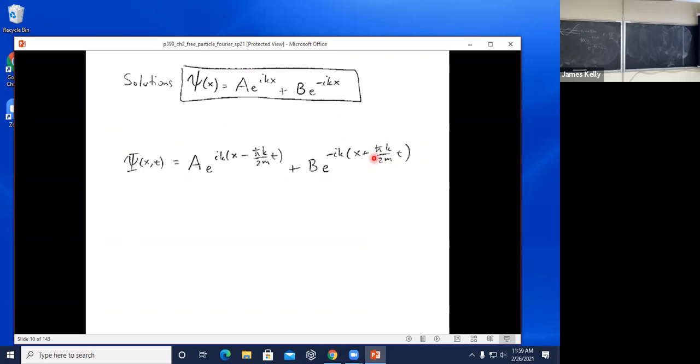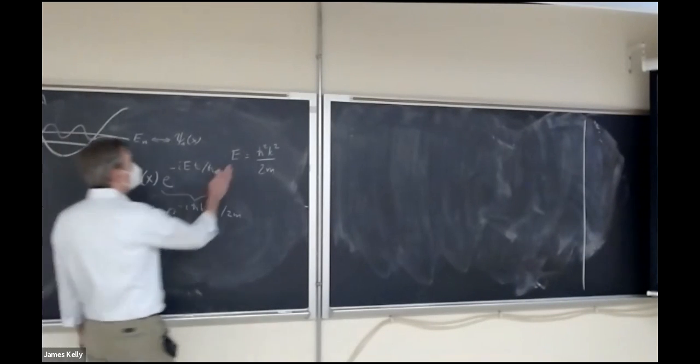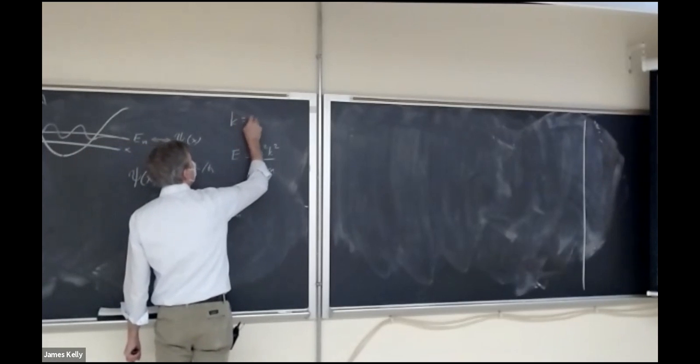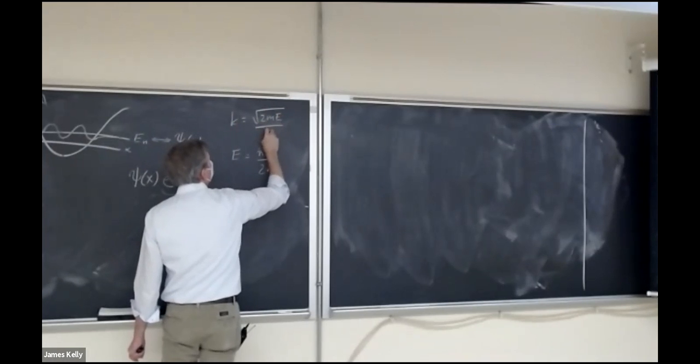But you'll notice that both of these have the same form. The only difference is whether there's a minus sign or a plus sign up in front of the exponent. Everything else in the exponent is the same. Notice our definition: k is root 2mE over h bar.